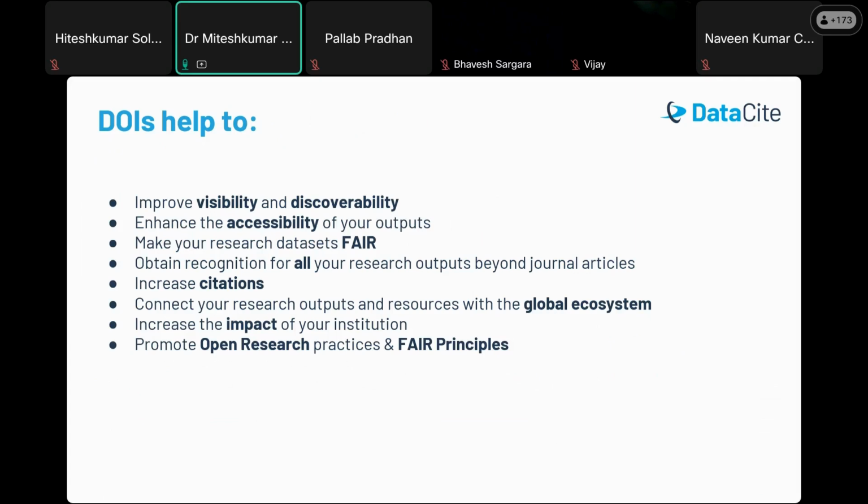Say, if there is a related data set which is available in the NRDR, and we would like to connect it, a cross connection, that is also possible if we give DOI to both Shodhaganga as well as the data set. Then we can create a link between two different resources, even though one is a thesis and another is an output of that particular thesis, which can be hosted in some data repository.